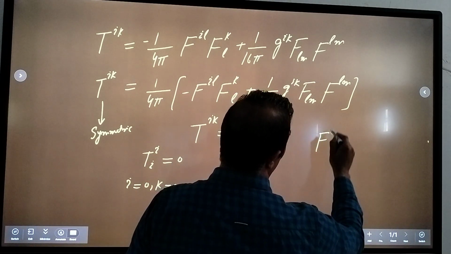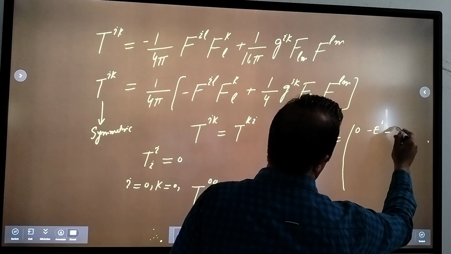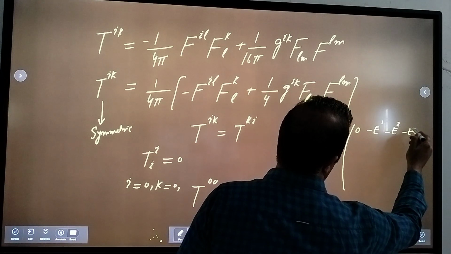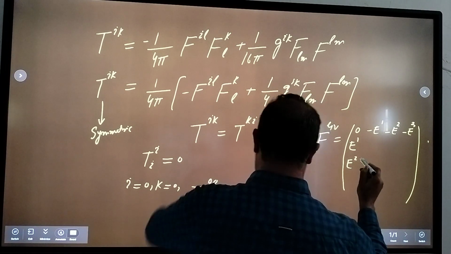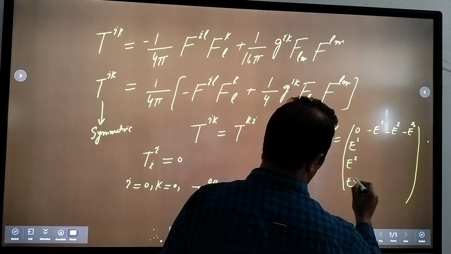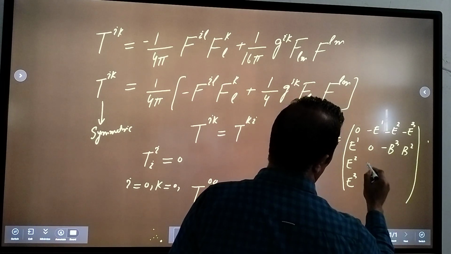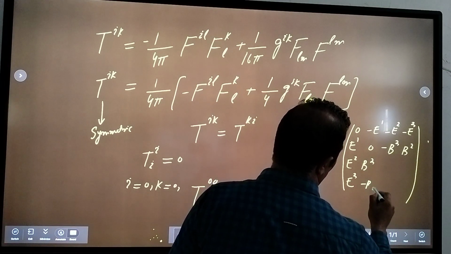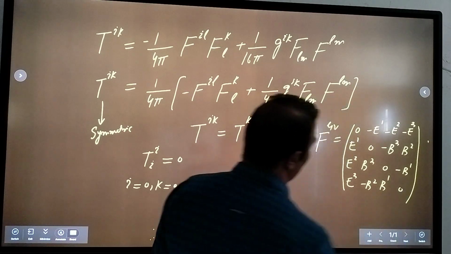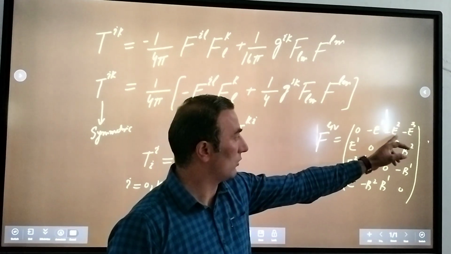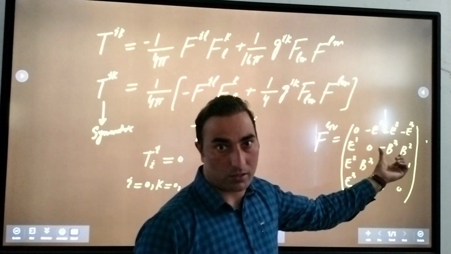Our F mu nu is 0, minus E1, and so on. This E1 corresponds to the X component, Y component, and Z component, and similarly B3 stands for the B z component of the magnetic field, right?